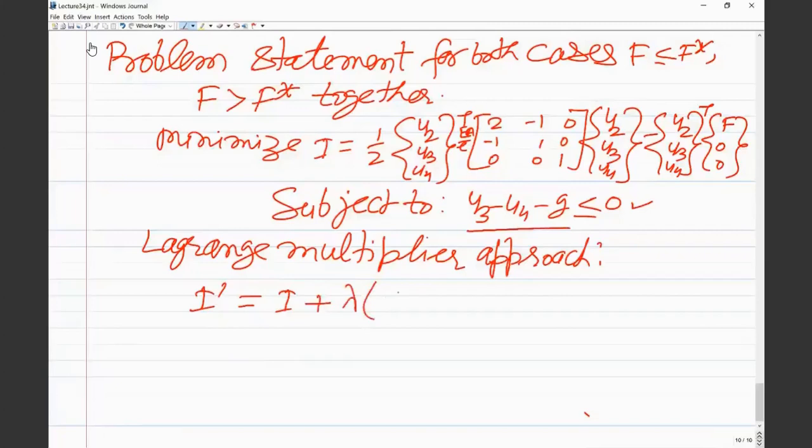That slack variable is, let us say, s square, so that it is always a positive number. You have U3 minus U4 minus G. Because it is less than equal to 0, we introduce a slack variable. So with this it becomes plus s square is equal to 0, and then we add this as a Lagrange multiplier in equality constraints. So here s square is a slack variable.